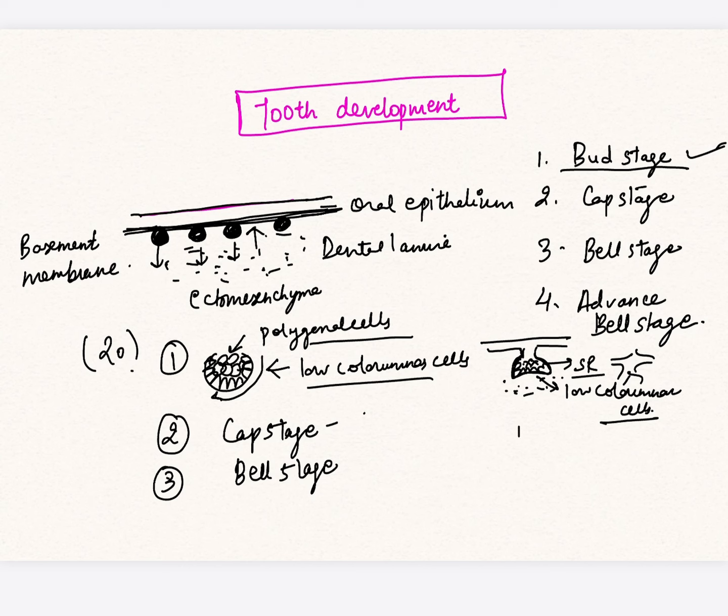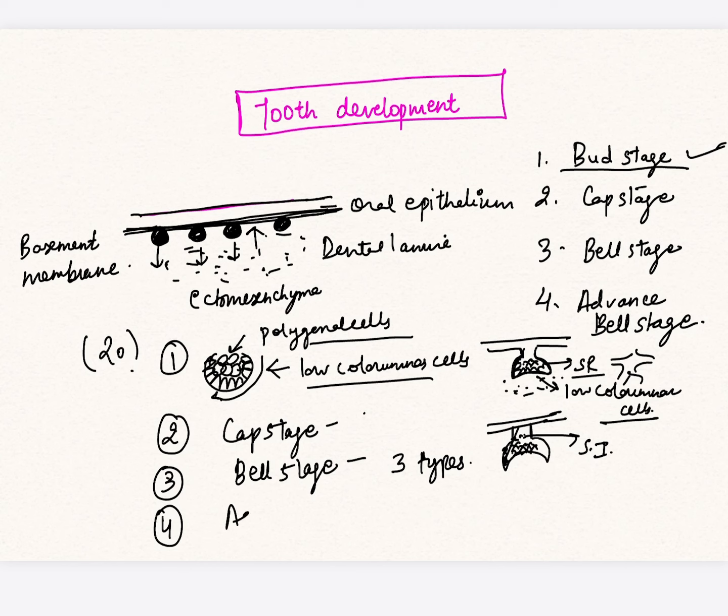So in bell stage the oral epithelium, which was initially cap-like, will form the bell-like shape. Here three types of cells are present: outer low columnar cells, inside stellate reticulum cells, and now stratum intermedium. These third cells are also present.